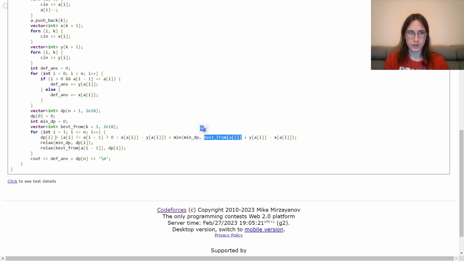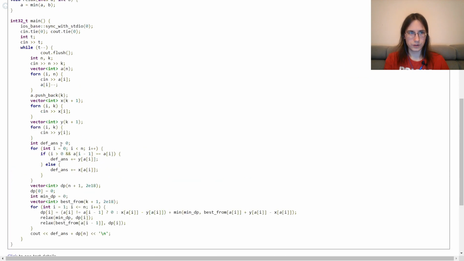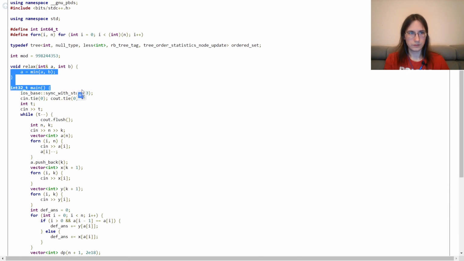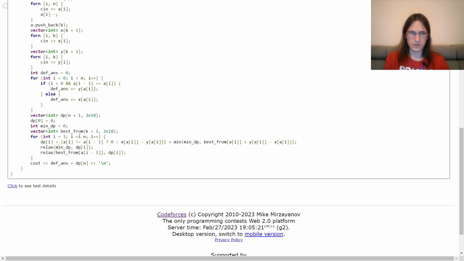When we calculate DPI, we update just minimum DP with the DP of I. Just update value, basically. And we update best from AI minus 1, so best jump from such value with also DPI. In the end, we pay default answer plus the best total price of jumps to arrive at position DPN.